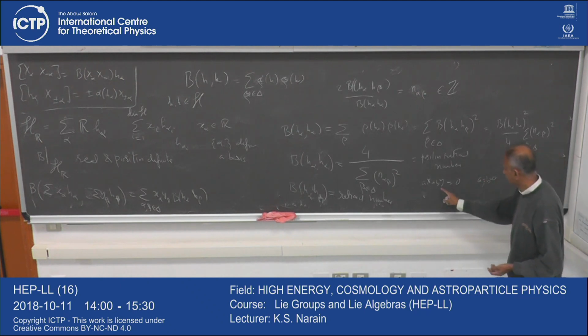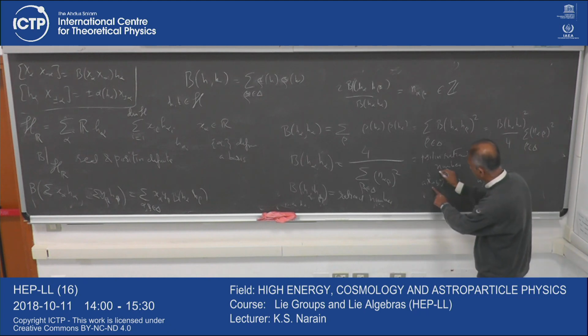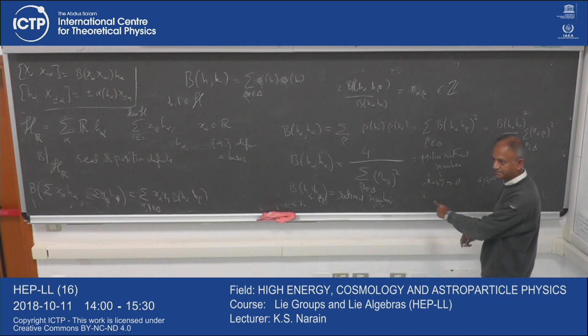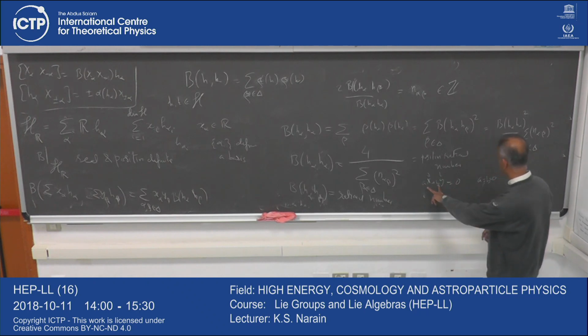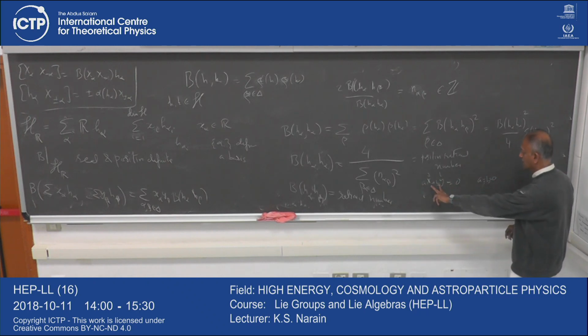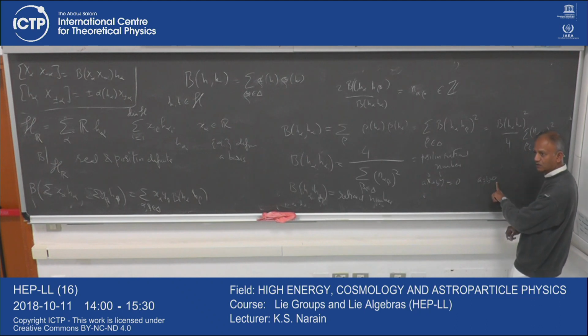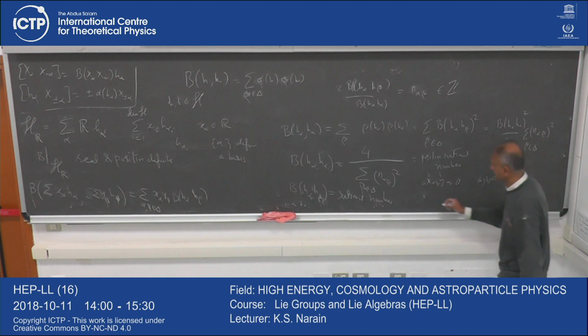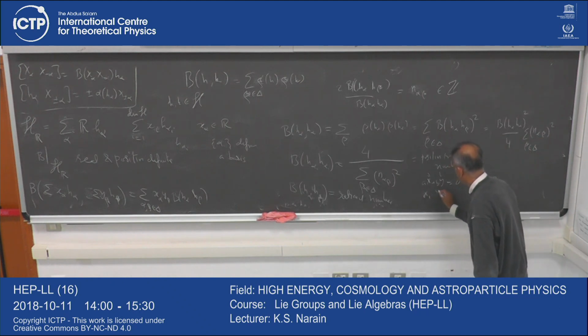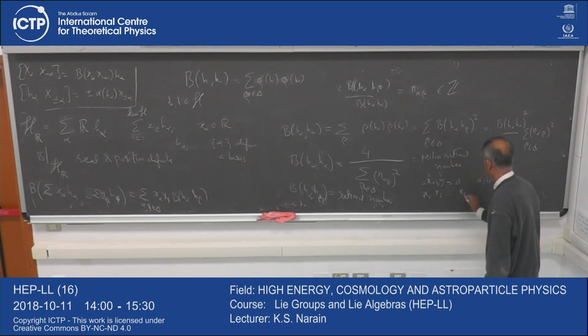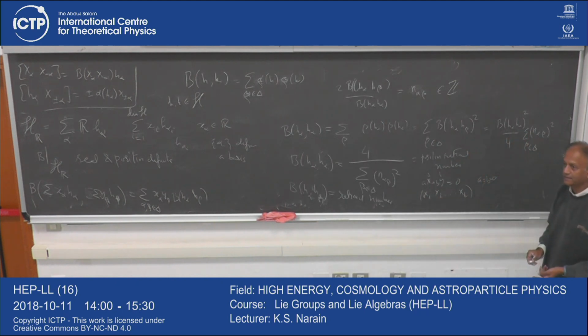I give you x and y, you give me some x and y, then I look at this equation and ask whether the only solution is a equal to b equal to 0. Then you say it's linearly independent. Similarly, you can have many vectors, x1, x2, up to xk, and ask again whether this set is linearly independent.